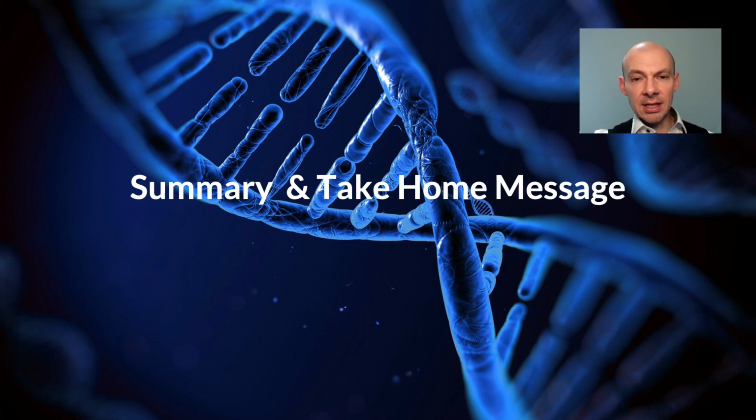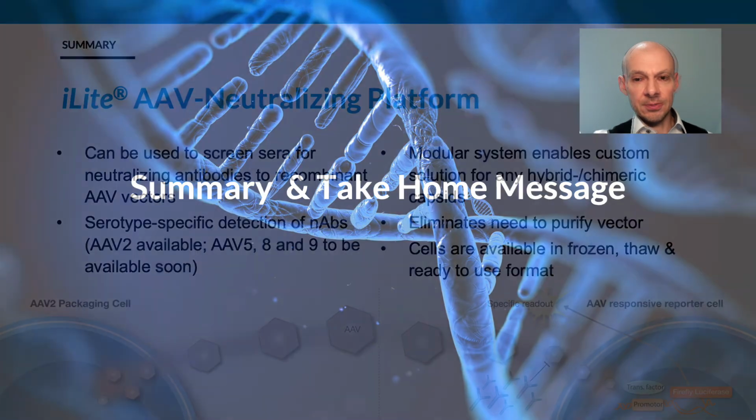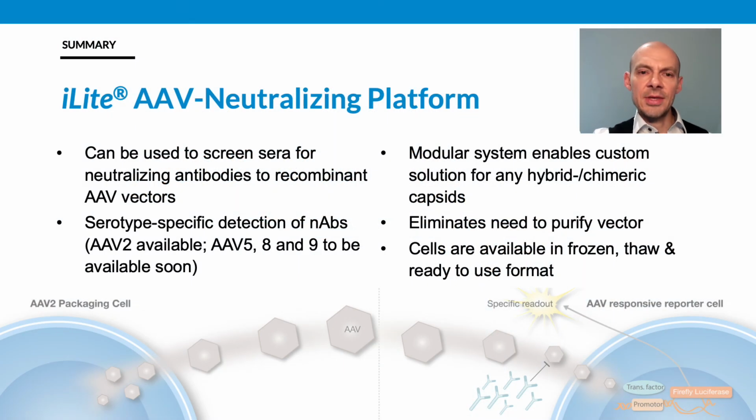And I would like now to sum up this presentation and provide you with a short take-home message. The data we have observed in our laboratory so far suggests that our new iLite AAV neutralizing platform can be used to screen sera for neutralizing antibodies to recombinant AAV vectors.